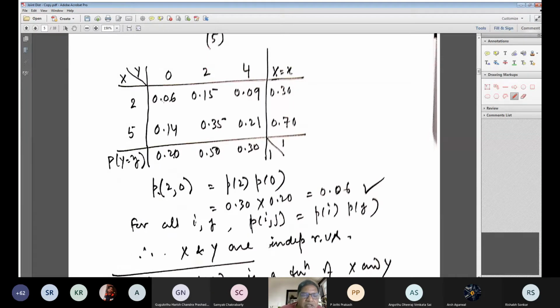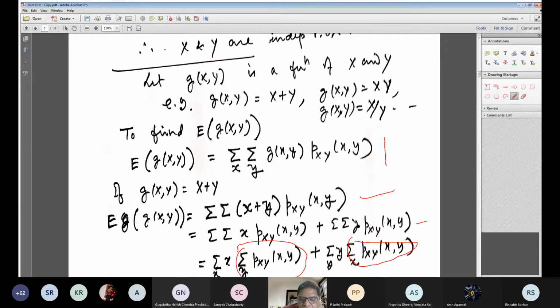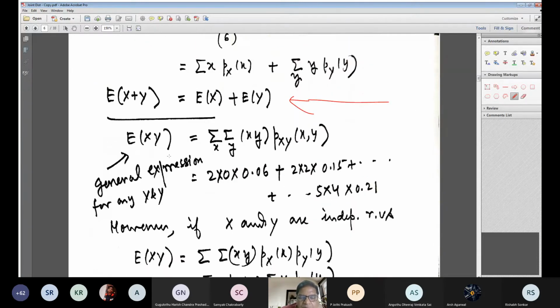So 2 into 0, corresponding probability 0.06. 2 into 2, 4, multiplied by the corresponding probability. 2 into 4, 8 multiplied by the corresponding probability. 5 into 0, 0.14, 5 into 2, 0.35. Like this, if you proceed, you can compute the expected value of xy.